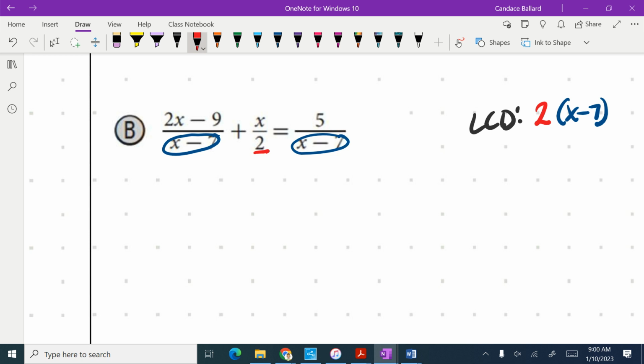Even though it's 3 terms versus 2, I'm going to multiply all 3 terms by that 2 times x minus 7. So I've got 2 times x minus 7, 2 times x minus 7, and 2 times x minus 7. I'll let you catch up writing that down.